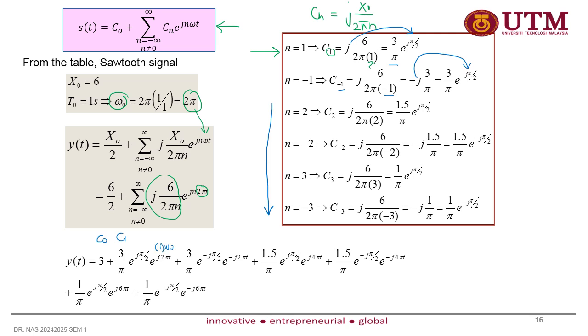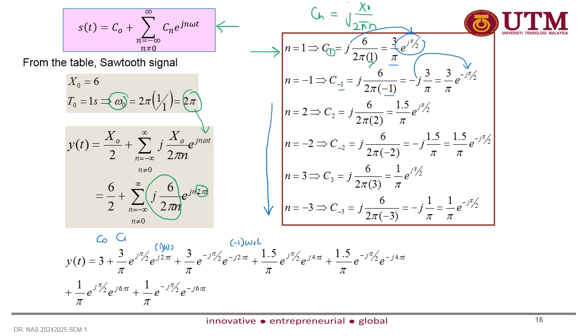So this is part of the coefficients because of the j just now. Same goes to when n equals -1, times omega naught t.